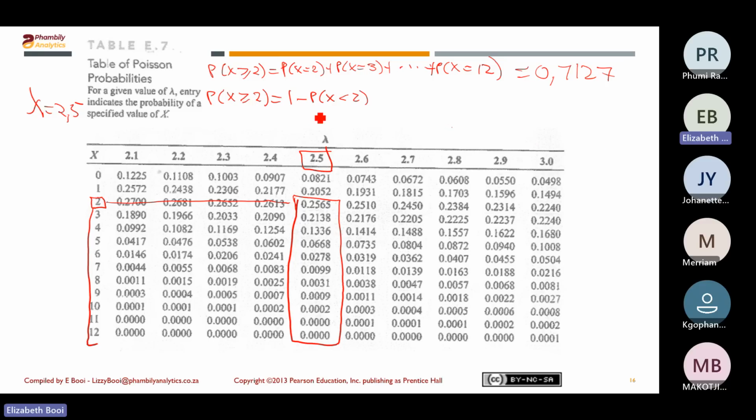You can also say it is 1 minus the probability of x less than or equal to 1, because then it includes 1.